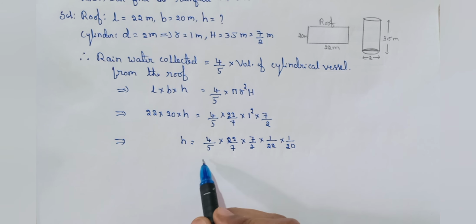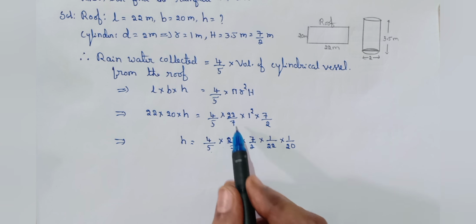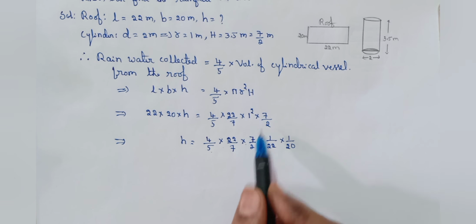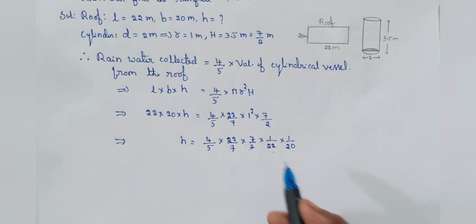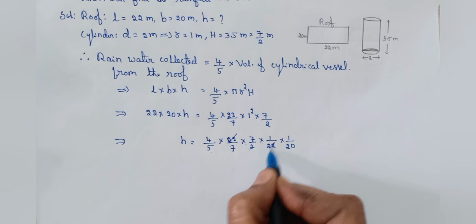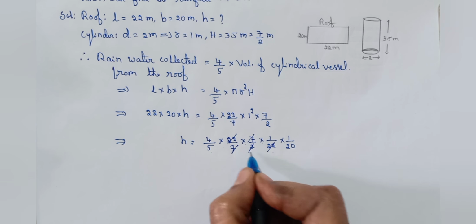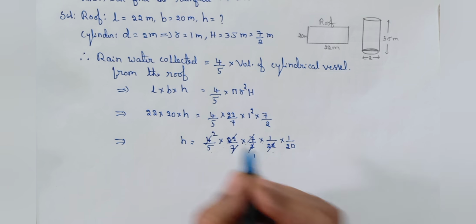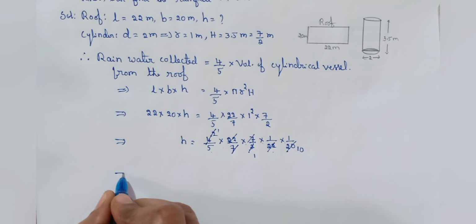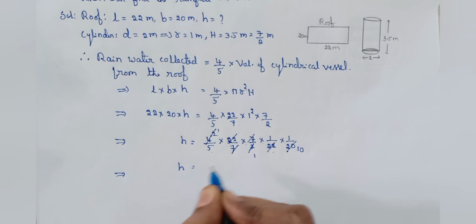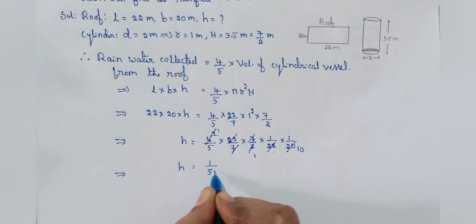Therefore, H is equal to 4 by 5 into 22 by 7 into 7 by 2 into 1 by 22 into 1 by 20. Cancel this 22 and this 7. 2 ones are 2, 2 fours are 4, 2 ones are 2, 10s are. So H is equal to 1 by 50.